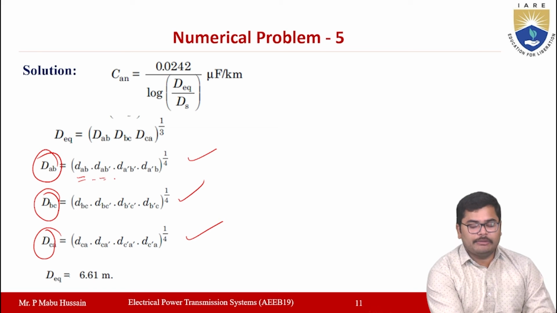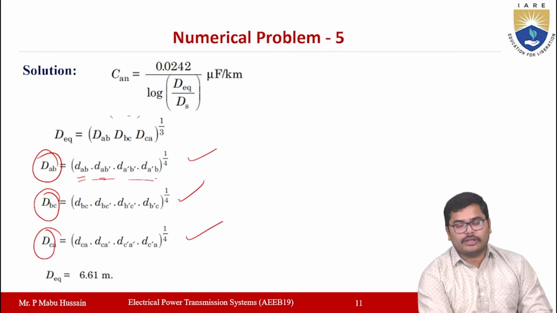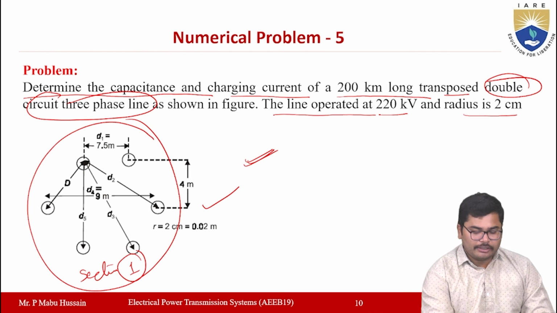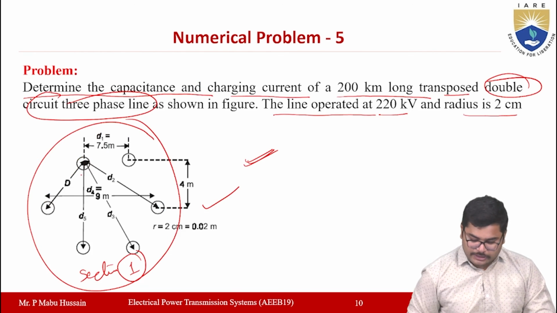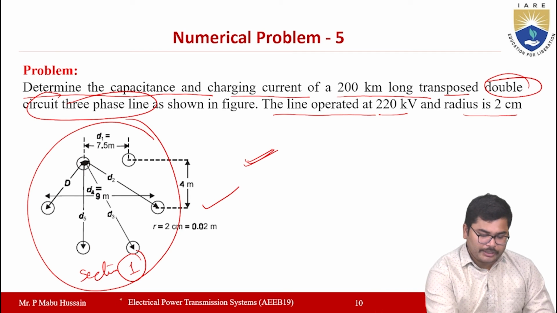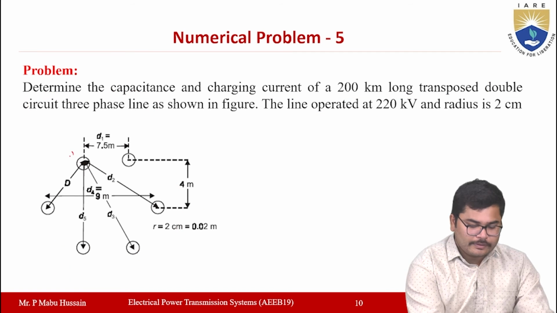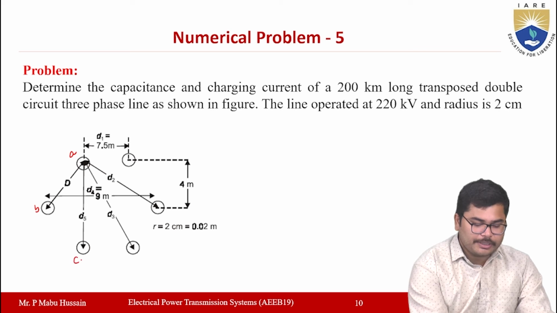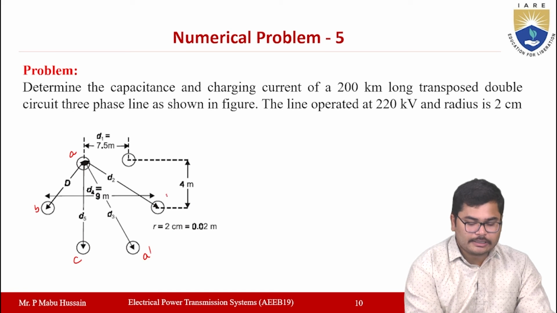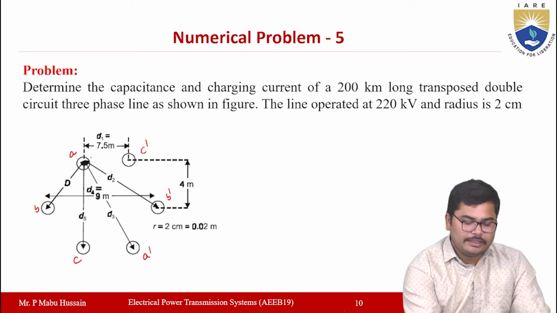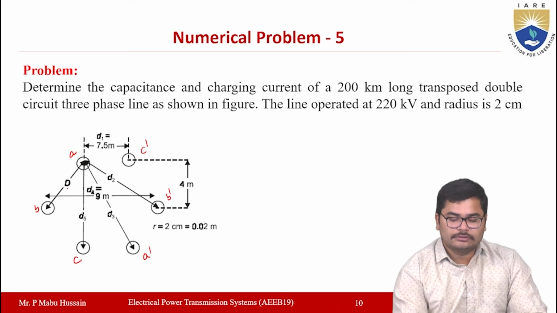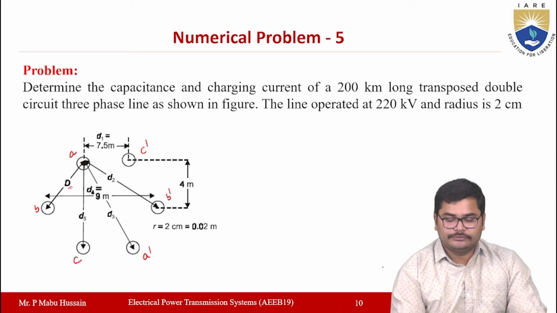Now here, these are the distances. For calculating DAB, what is the distance from A to B? If you observe, this is phase A, this is phase B, this is phase C, and in the reverse direction A dash, B dash, C dash. So the DAB distance is D here.